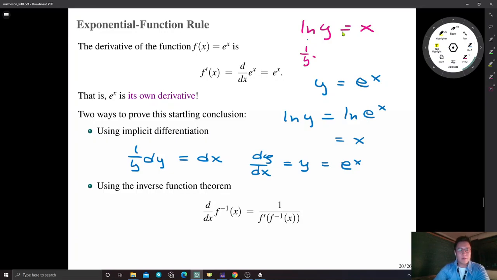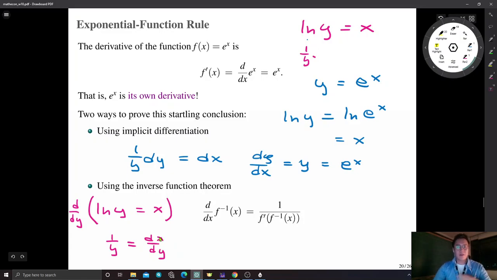Starting from ln y equals x, let me take the derivative with respect to y. The left hand side becomes 1 over y, and the right side becomes dx over dy. That is the derivative of the inverse, the derivative of x with respect to y.